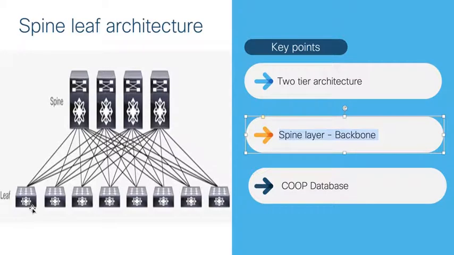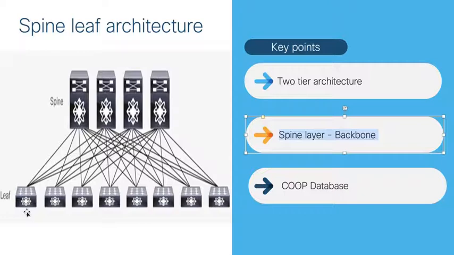There are some special cases where end hosts can be attached to the spine, but I am not going to discuss those. Ideally, all the endpoints, all the servers, should be attached to the leaf.